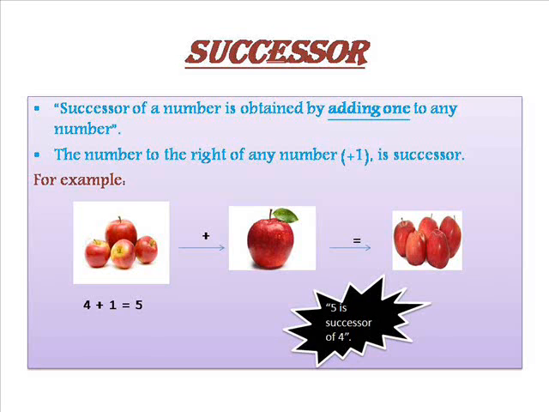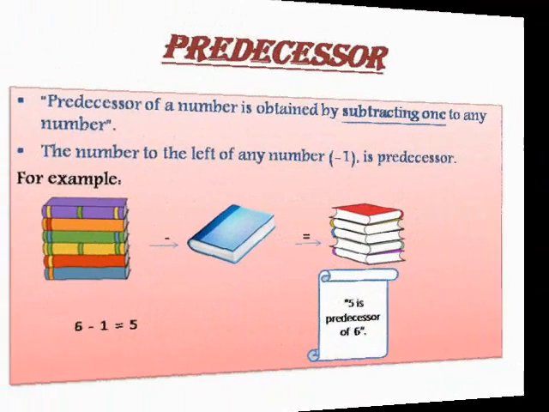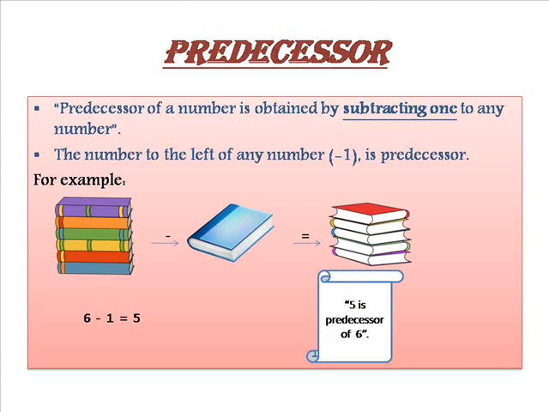Now let's learn what predecessor is. Predecessor of a number is obtained by subtracting 1 from any given number. That means the number to the left of any number is the predecessor. Subtracting only 1 gives us the predecessor. Subtracting 2 or 3 doesn't give us the predecessor of any number.